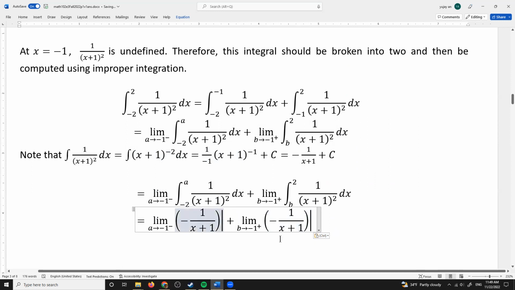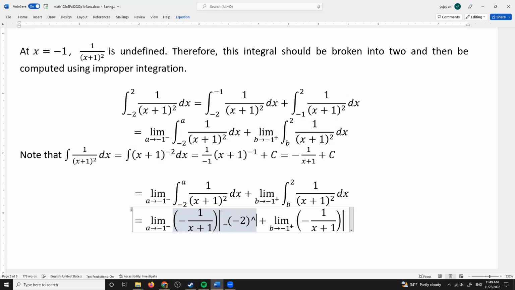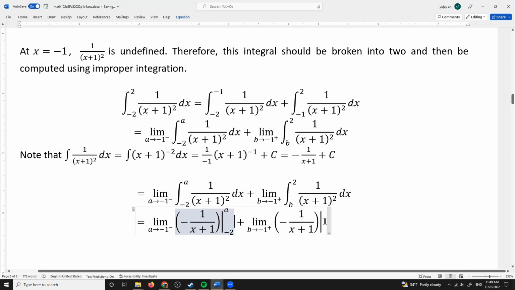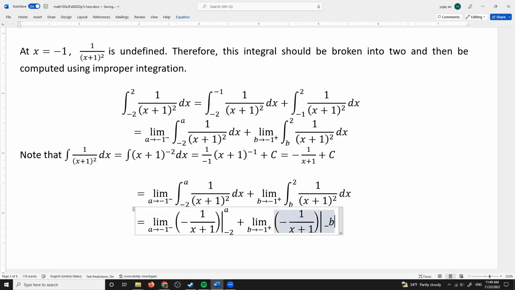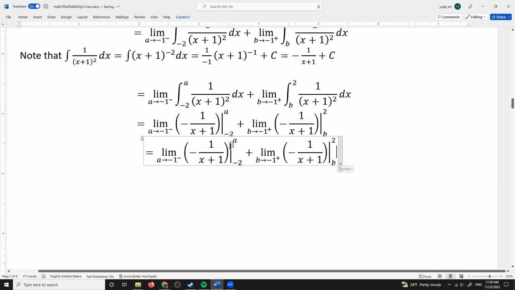Okay, and from -2 until a for this one, and then this one is from b until 2. Okay. Now let's proceed by computing this limit.